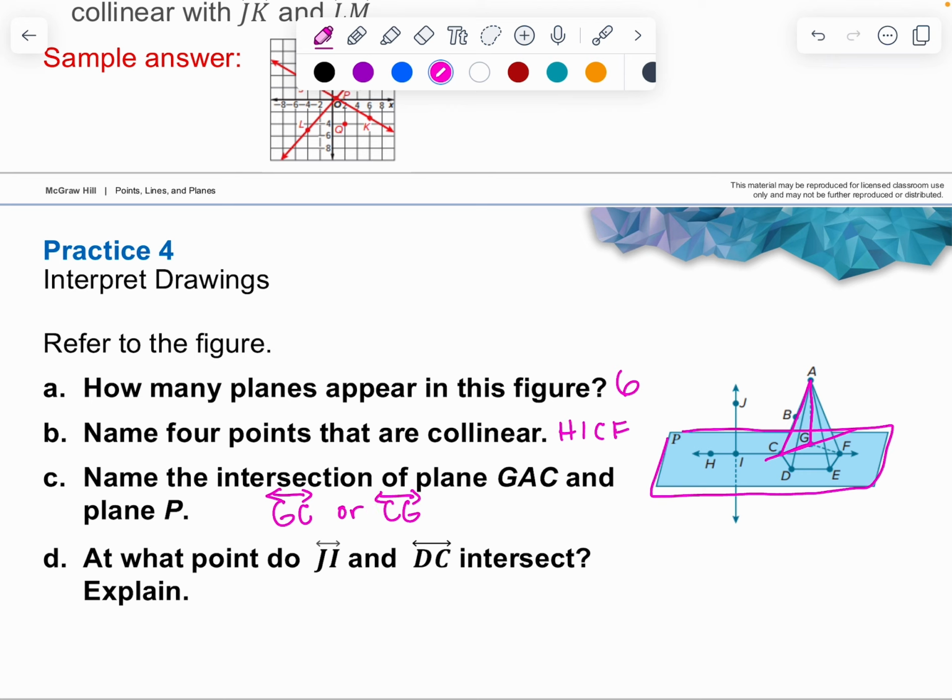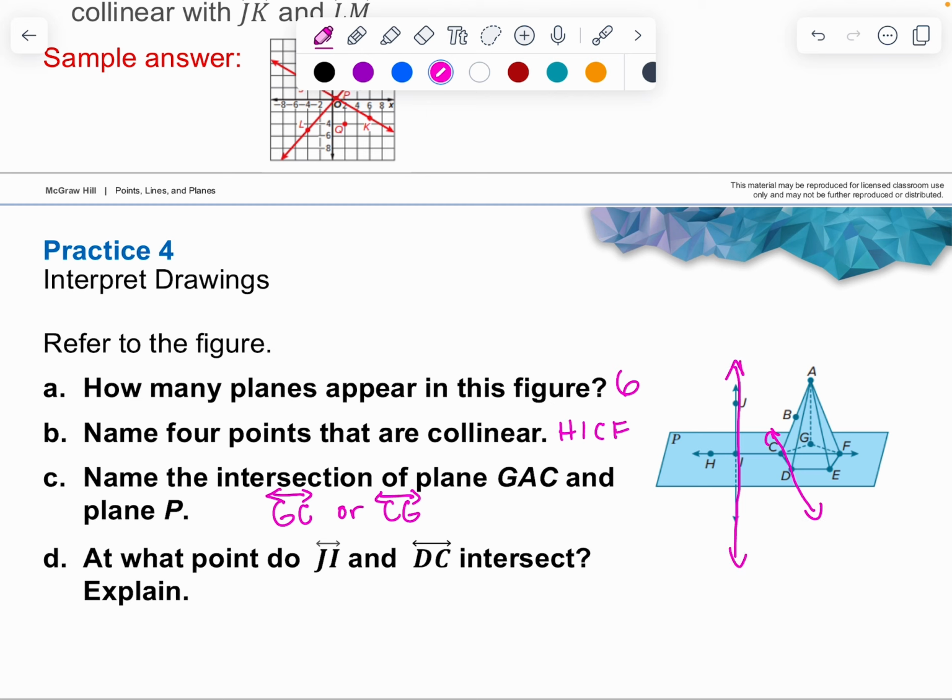And at what point do JI and DC intersect? Explain. Now let's go over here and erase all of my other stuff. JI and DC. They're never going to intersect, guys.